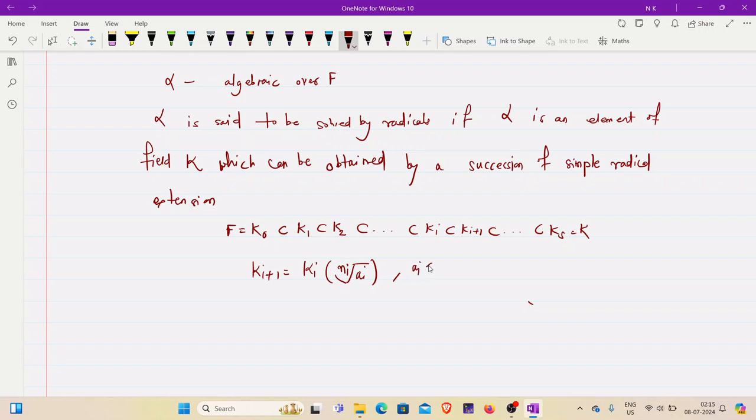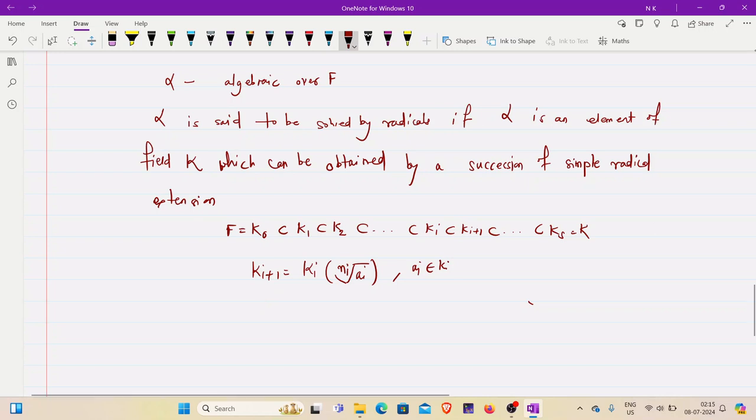Now in this way we can form a sequence of fields, and we can say that such an extension can be called a root extension, or such a field can be called a root extension of F.